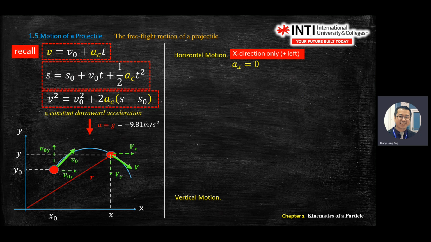In this case, your acceleration is 0. Why is AX 0? Constant acceleration, what is the direction of the vector?